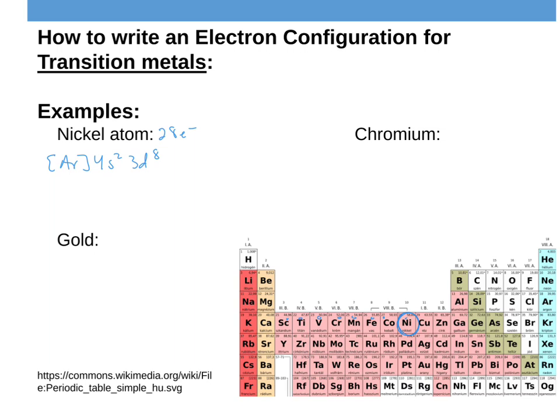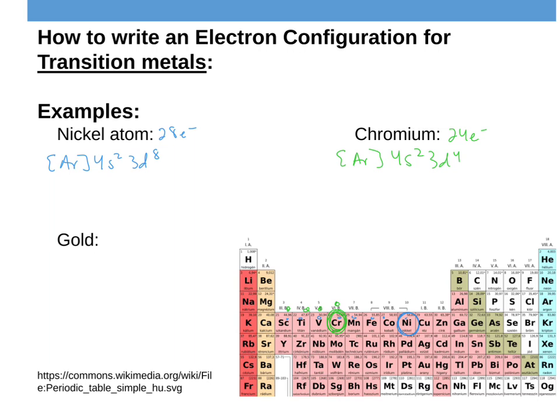Now, if I go to chromium, chromium is number 24. It has 24 electrons. Here's our friend chromium. A similar idea. We're going to start with argon. Now that's going to be 4s2, and this is a 3d4, right? Because you go 1, 2, 3, 4 to get over chromium. And this should be where your little mental alert sign goes off, right?